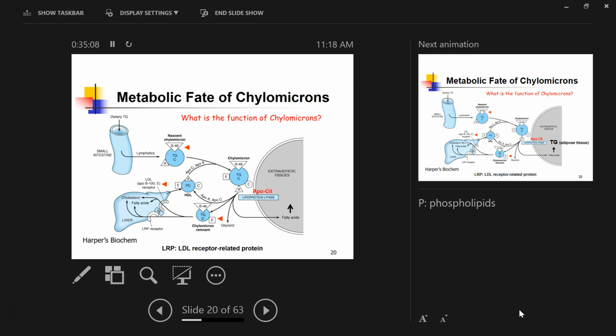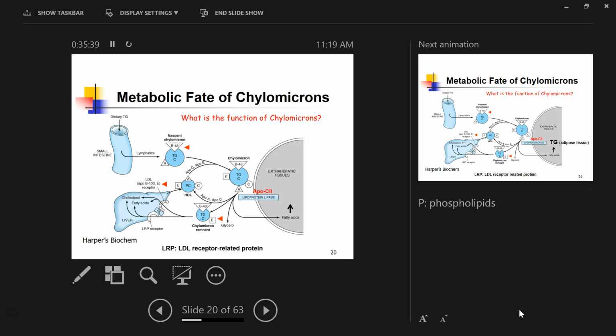So this is the whole process of chylomicron metabolism. And the overall purpose of this cycle is to transport the triglyceride from small intestine to the adipose tissue for storage under the fed condition.